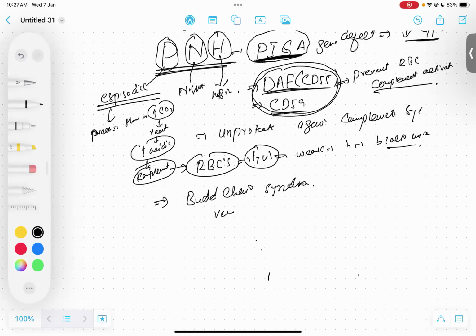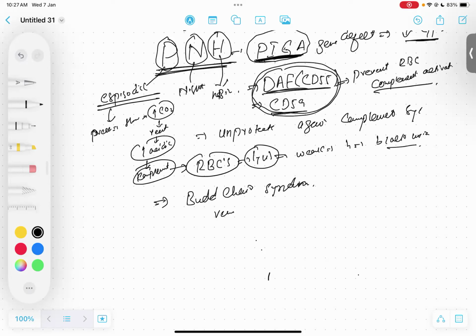Normally these cells inhibit the complement system. Okay, everybody clear so far, doctors? Let's move to the next one.